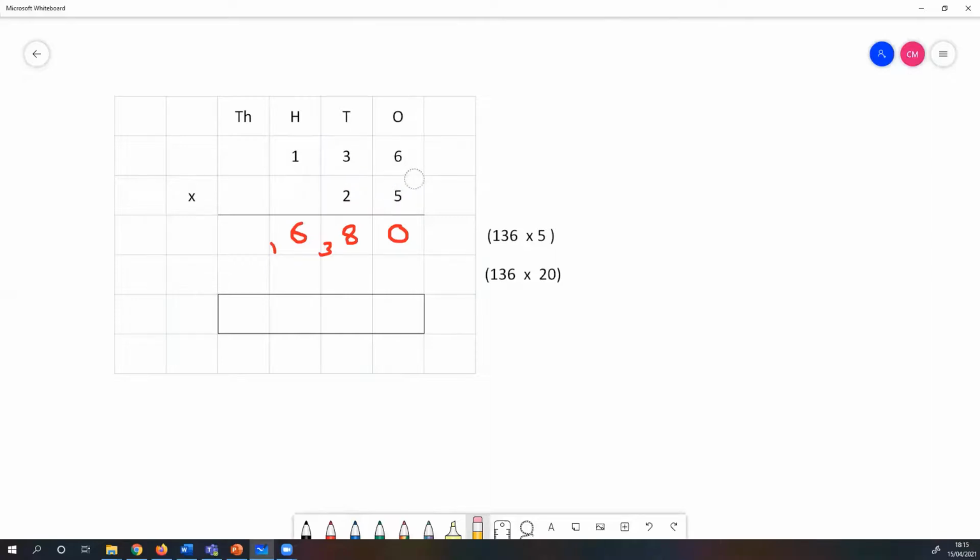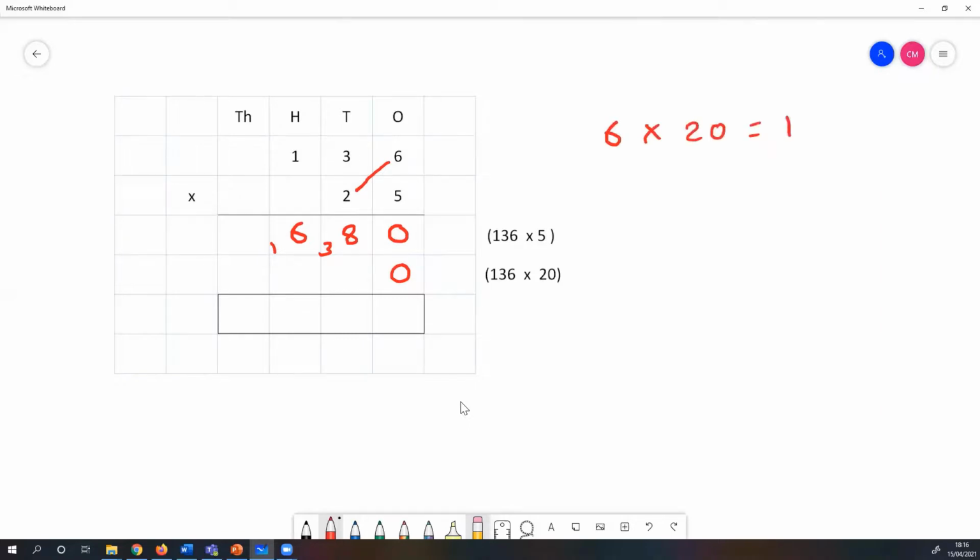But of course, as you know, we're not finished yet. We now need to do 136 times 20. So once again, we begin by writing 0 as a placeholder here. All right, now let's think about this first calculation we're doing in our second multiplication. We are doing 6 times 2 tens. Let's write this one out. 6 times 2 tens.